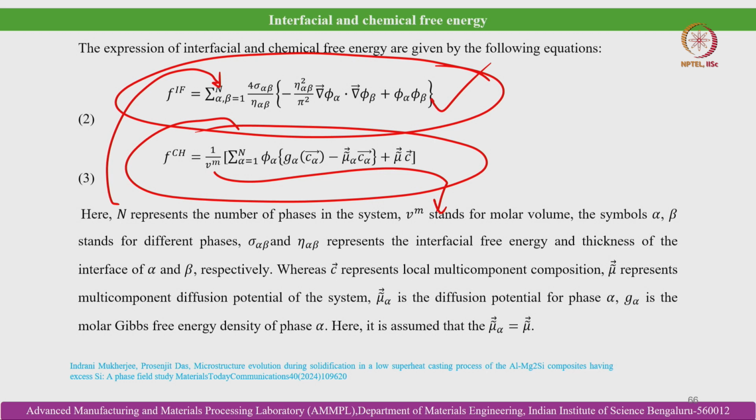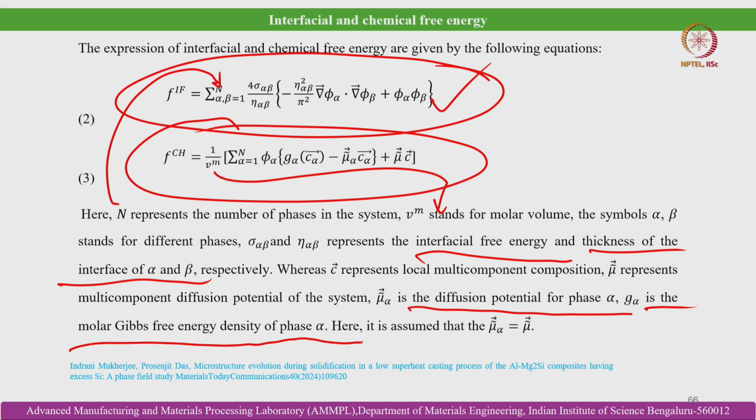Sigma alpha beta and eta alpha beta represent the interfacial free energy and thickness of the interface of alpha and beta respectively. Whereas C bar represents local multi-component composition and mu bar represents the multi-component diffusion potential of the system, and mu alpha bar is the diffusion potential for phase alpha, and G alpha is the molar Gibbs free energy density of phase alpha.